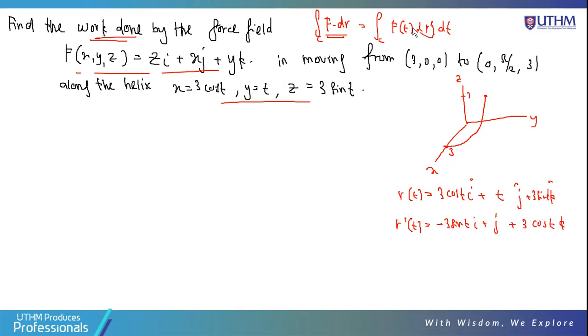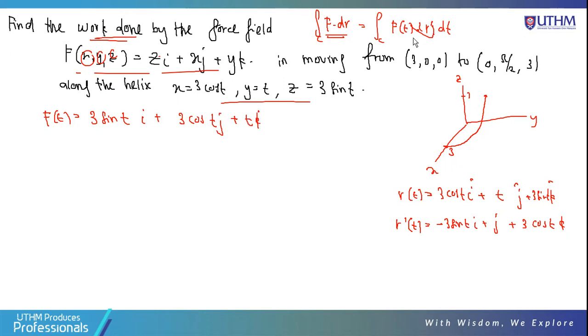r prime is settled. So f(t) is now in terms of x, y, z. To write it in terms of t, you just substitute: z is 3 sin t i, x is 3 cos t j, y is t k, and then you can form it here.